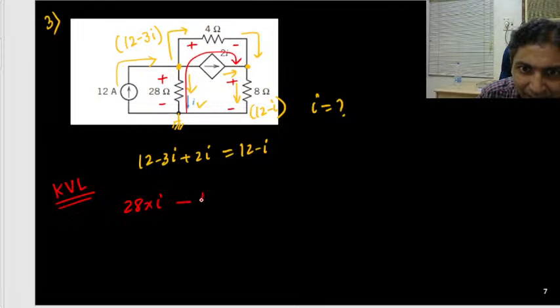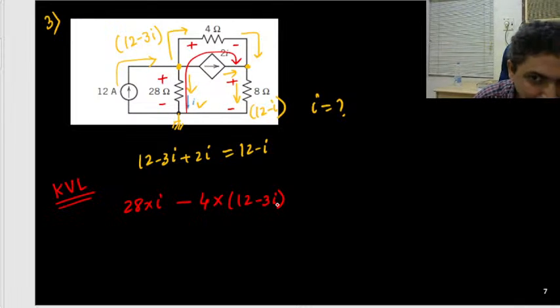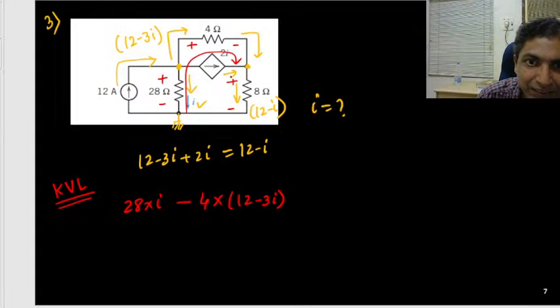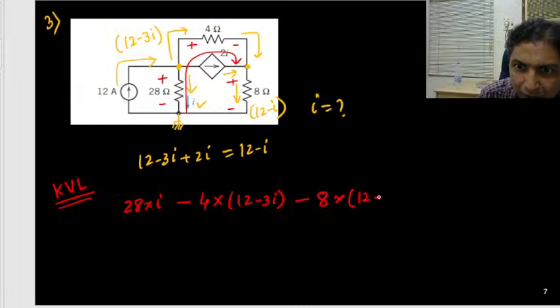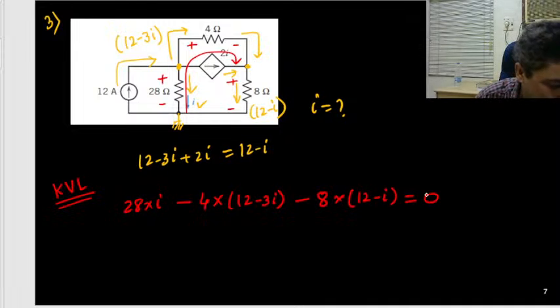Then I will multiply resistance into current: resistance is 4 and current is 12 minus 3I. Then again, this is plus to minus, so negative. The resistance is 8, and the corresponding current that I need to multiply is 12 minus I. And that should be equal to 0.